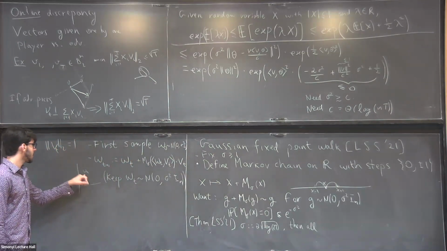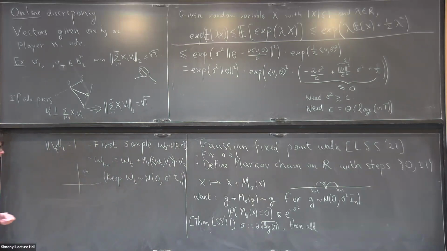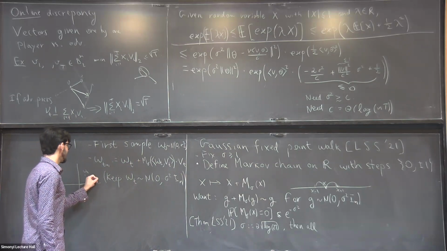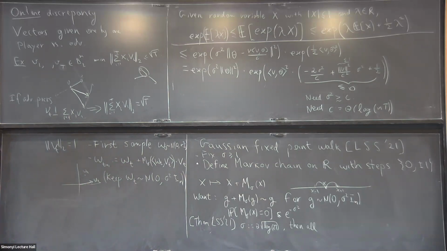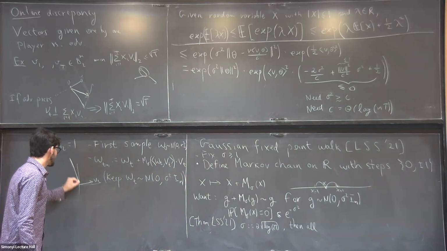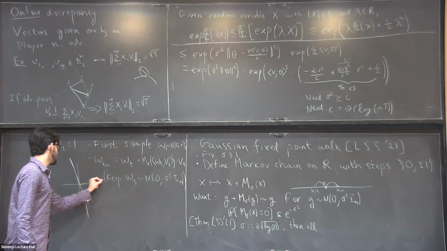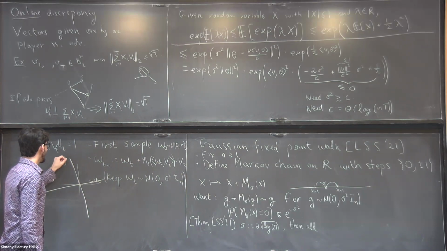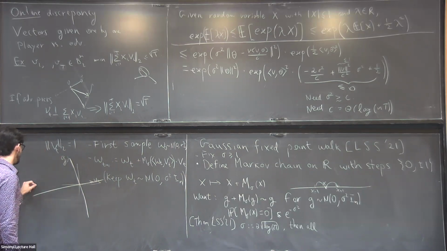I have some random variable here that's distributed as a Gaussian. I receive some vector V_t. And then I think about W_t. Well, it's a Gaussian, so I can write it as a sum of a Gaussian in this direction and a Gaussian in this direction. So there's going to be some G_V perp and G_V.